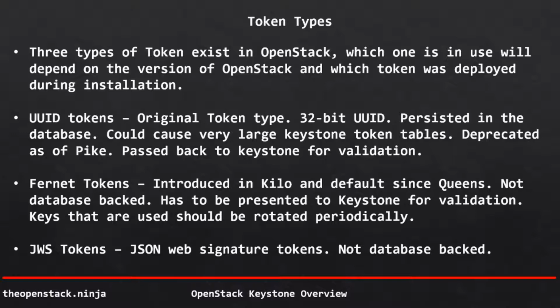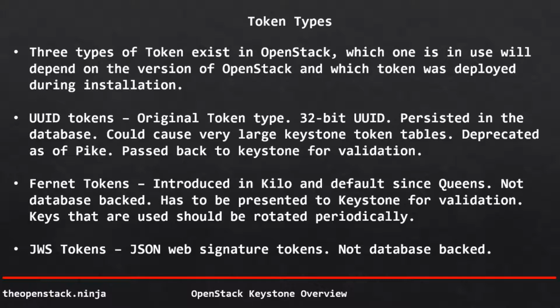One thing to note is that with Fernet tokens, those keys that are used to sign those tokens should be rotated periodically. In case you ever have a situation where those keys are compromised, you should rotate your keys so that the impact is lessened. The great thing about Fernet tokens is, if you were to ever experience a situation where those keys were fully compromised, you can simply remove them, generate new keys, and that will automatically invalidate any Fernet tokens that were signed using those other keys.